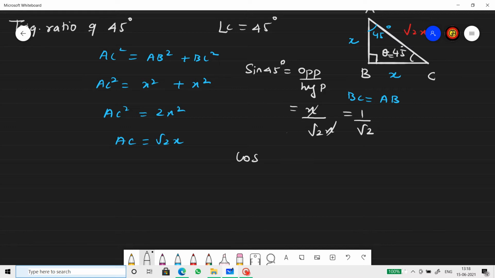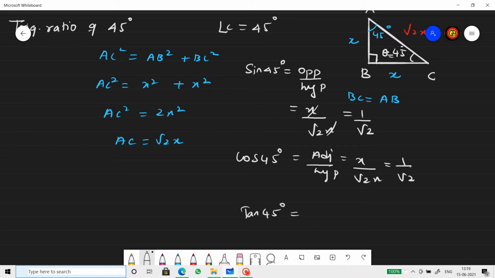Now cos 45 degree. Cos 45 degree basically cos angle C here, and which is adjacent by hypotenuse. Adjacent is BC, which is also x, by hypotenuse root 2x. So cos 45 is also 1 by root 2. Now tan 45.